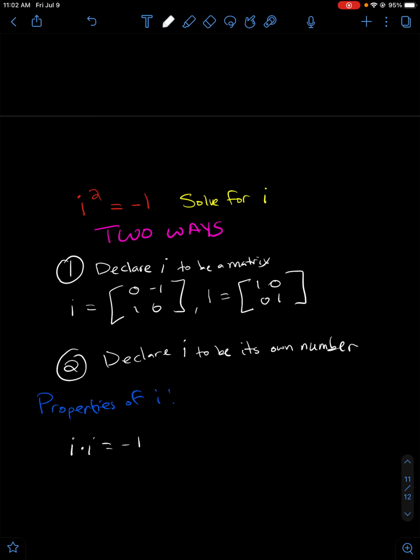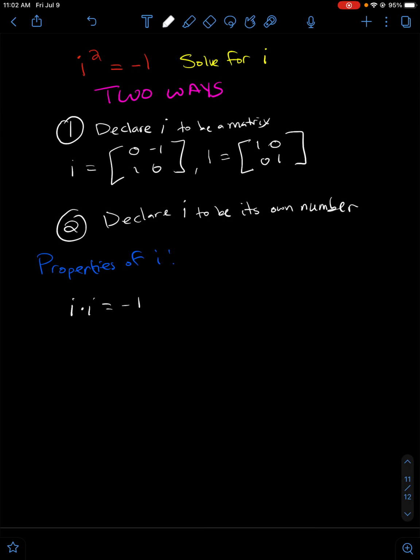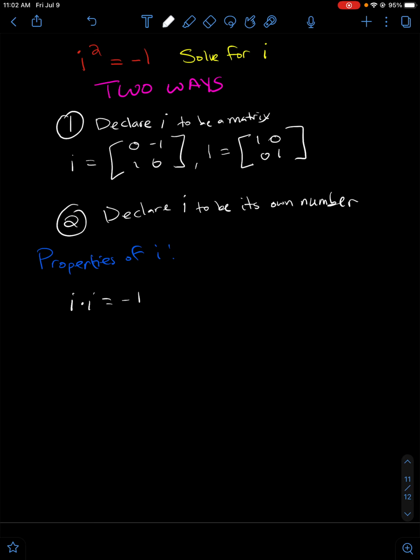Okay, now we can also do something similar to this with these gamma matrices. If you remember from earlier, we had the Dirac commutation relations. Let's say that gamma naught squared should be 1, and gamma 1 squared, gamma 2 squared, and gamma 3 squared should each equal -1.